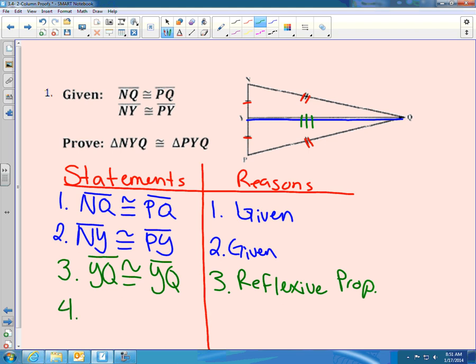So step 4 is going to be triangle NYQ is congruent to triangle PYQ. And our reasoning is side, side, side. So we start with our given, we fill in any information in the middle, and then we come up with our prove statement. And our reason is not "prove"; we need to give a mathematical reason for it.